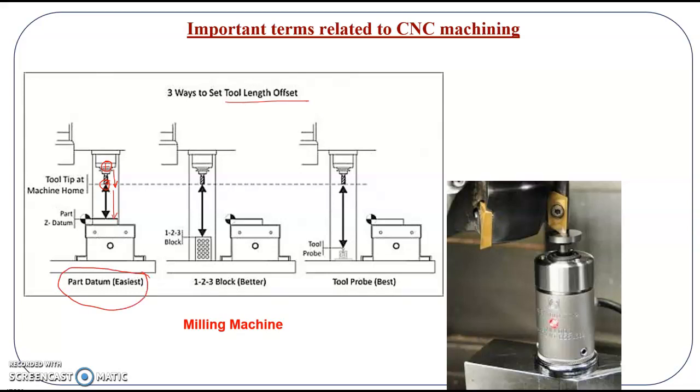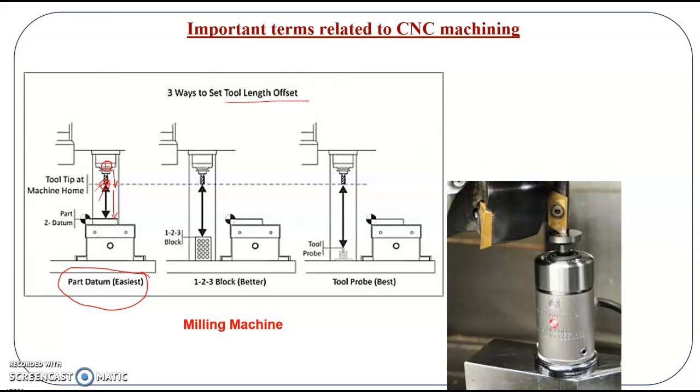In that method we bring the spindle downwards such that the tip of the tool just touches the workpiece. Then the distance will be measured by the system and it can be entered. That distance of Z can be entered into a particular column or address related to this particular tool in the control system. Then it can be shifted to this point.